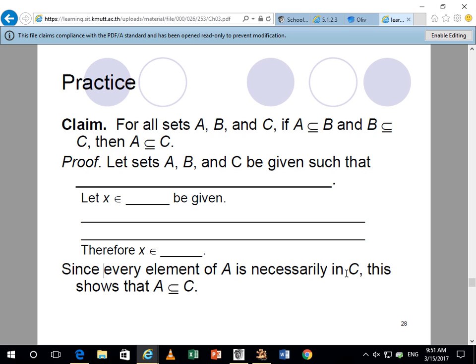Okay, so where do we start? Okay, we will start with: let X be an element of A. So this is given. Okay, so we'll use this argument such that the first one we have this.